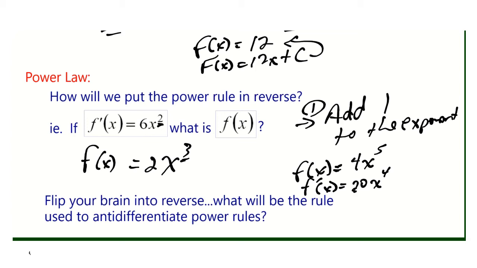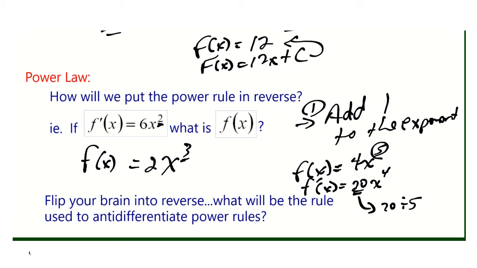Now, here I got a 20. The way I got the 20 was by multiplying these two together. So what do you think you would do to undo multiplying two numbers together? Well, you would divide them. In order for me to get back to the 4, I'd have to take this number 20 and divide by that original exponent.